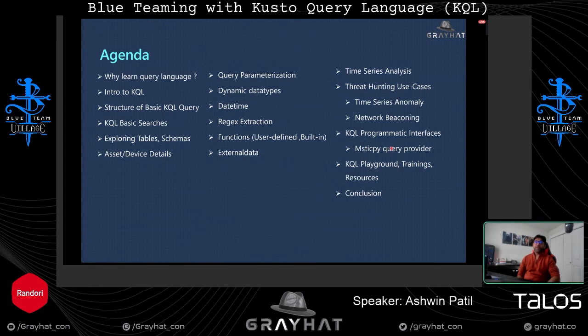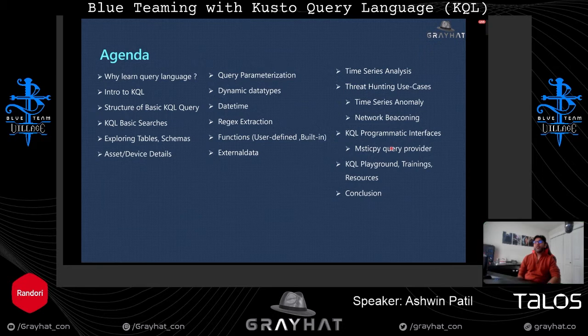From an incident investigation point of view, we'll look at how to query asset or device details from a variety of data sources. From the KQL features, we'll look into query parameterization. Dynamic data types is one of the powerful features that we'll look into in this talk.